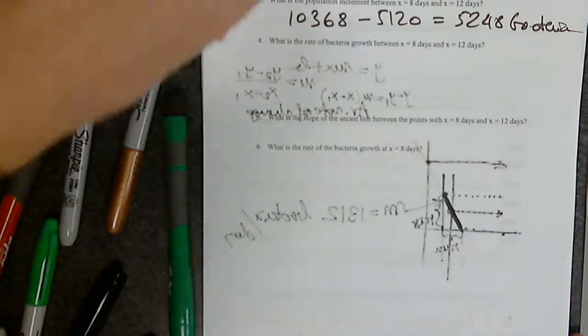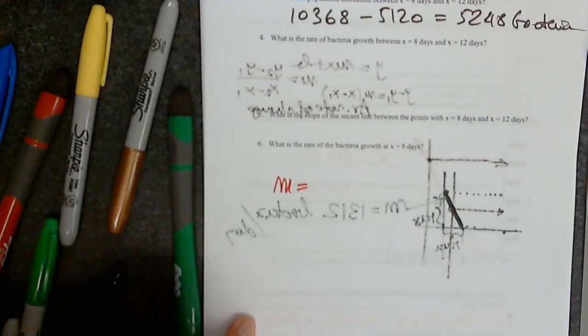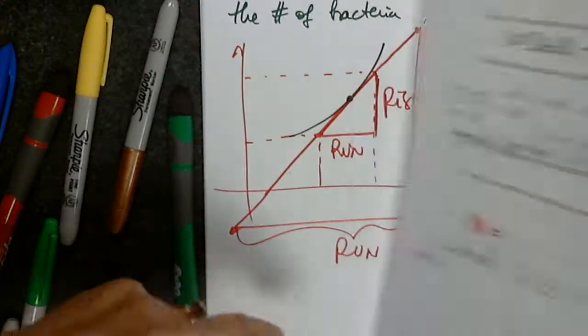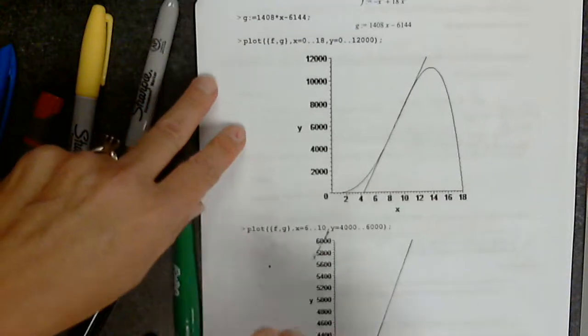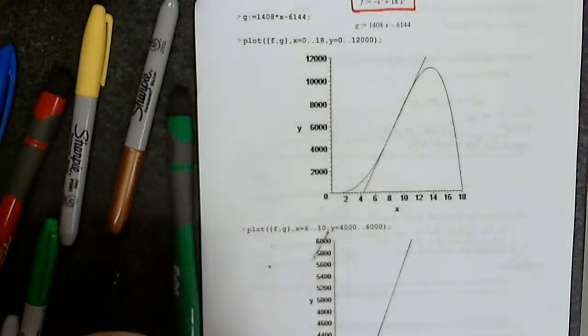Coming back here, I did determine the slope of that line. I cannot show you just yet how I did it because we are not there yet, but I did determine it. And in my next step, I showed you the function that I used to create the initial graph.